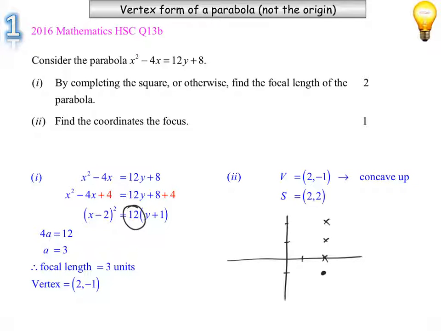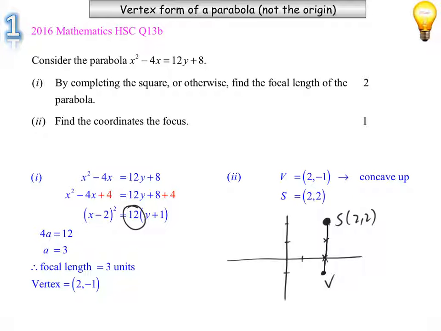So on our vertical axis, it goes up to a height of 2. So our focus right here is 2, 2. I do recommend that you sketch something like your vertex and maybe the focal length. So there's a distance of 3 right there, so you know where the position of the focus is going to be.